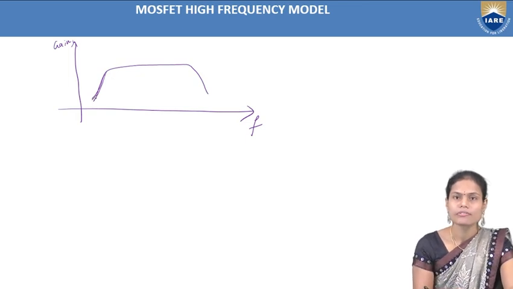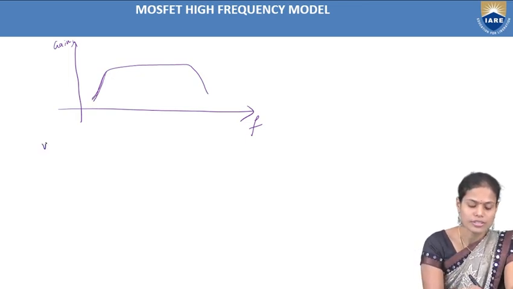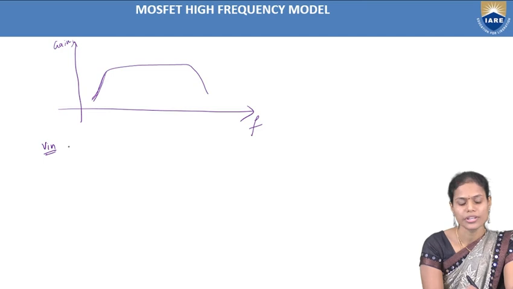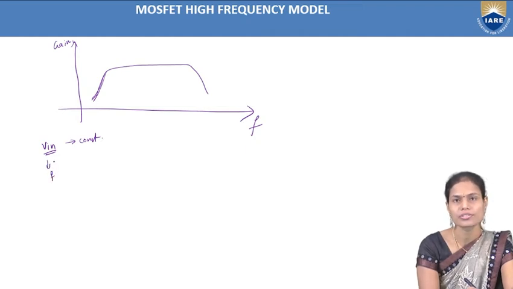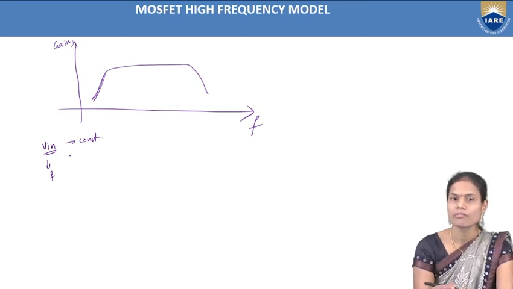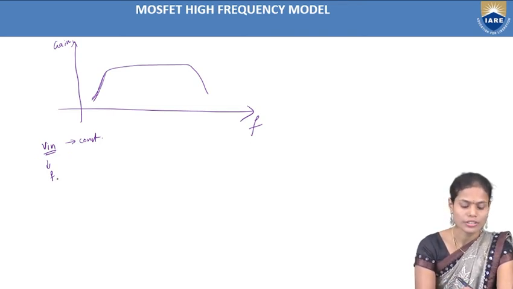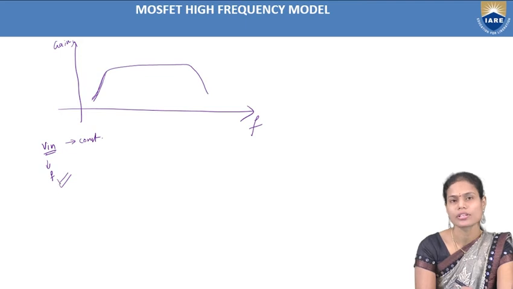How we will get this frequency response curve means we have to fix one input voltage as a constant value, and later on we have to vary the frequency of this particular input voltage with different frequencies, that is 10 Hz, 20 Hz, 100 Hz, 1 kilohertz. So we have to vary the different frequency ranges.